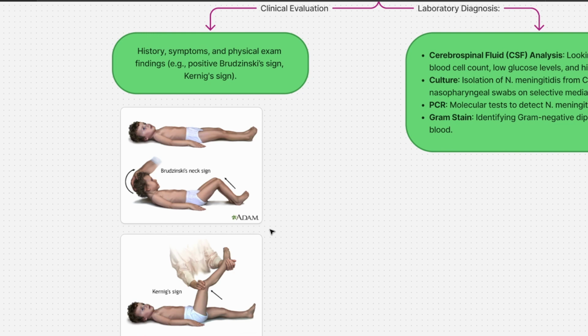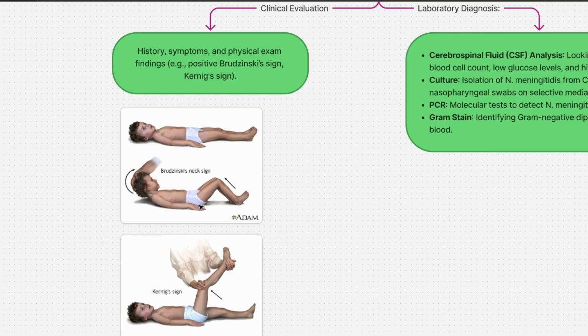So these indicate severe neck stiffness and severe hamstring stiffness. So Brudzinski sign, because if the neck is so stiff, when you flex it, the knees will also flex. So that is a positive indication.